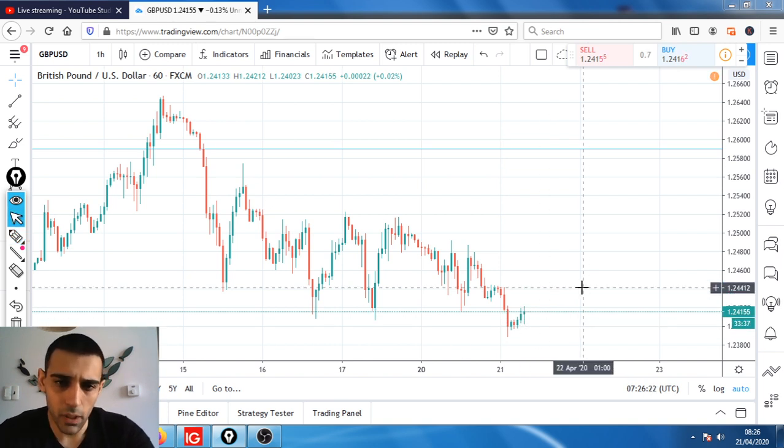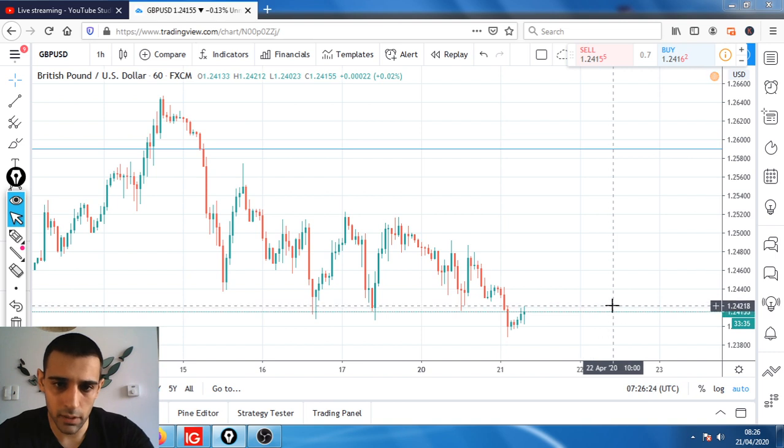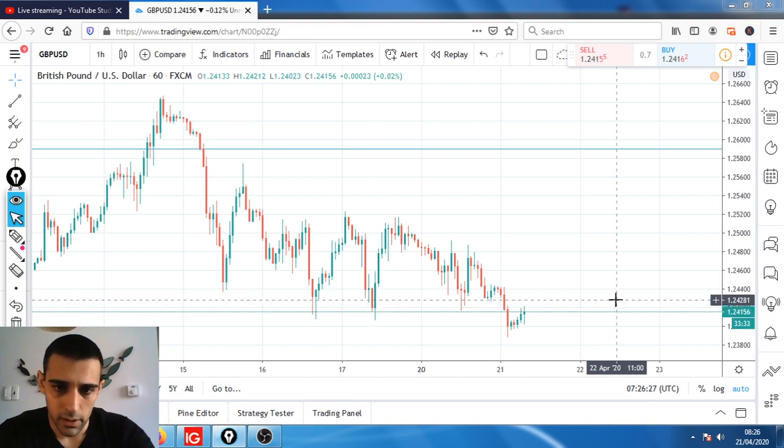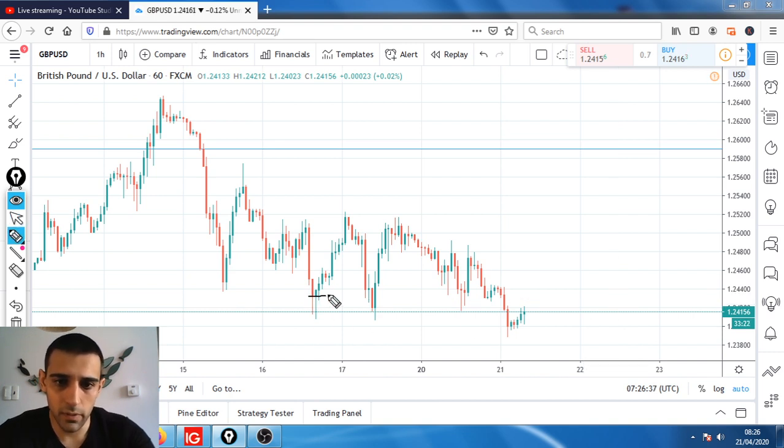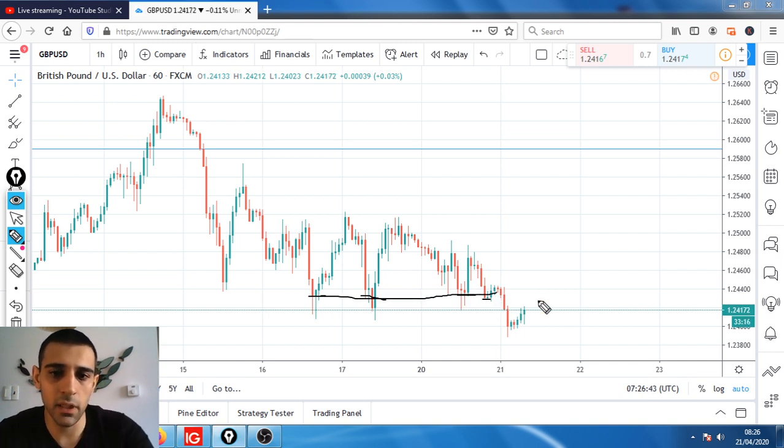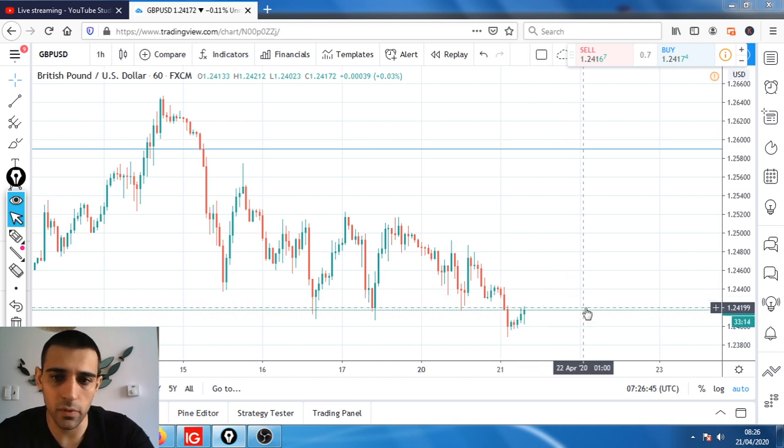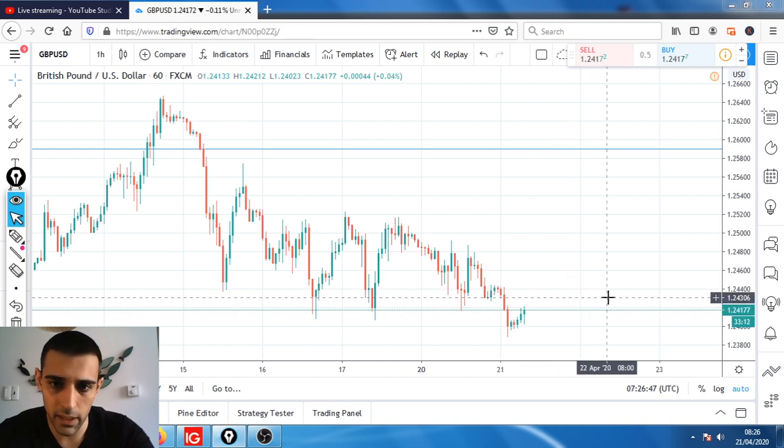So the price could gravitate towards 124.30, so another 15 pips. We got these lows down here, a spike, and there's a decent enough resistance for the price to come up and stop there.